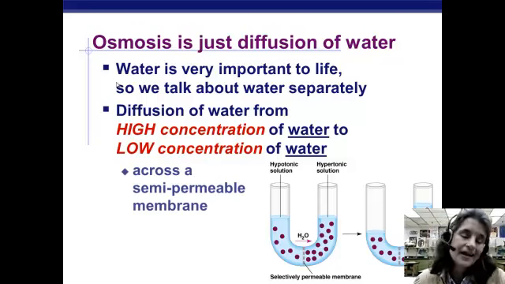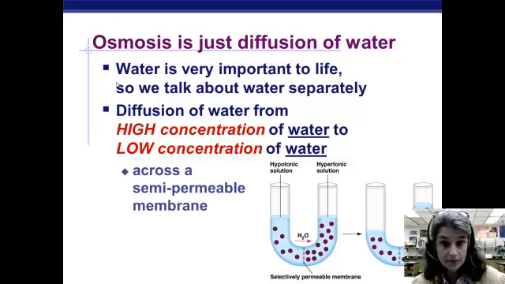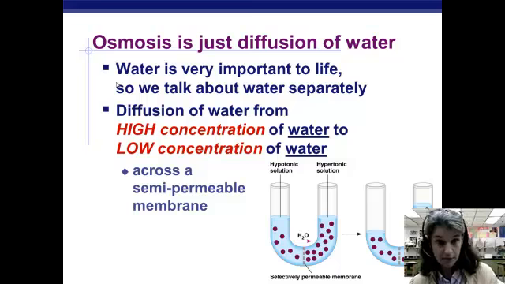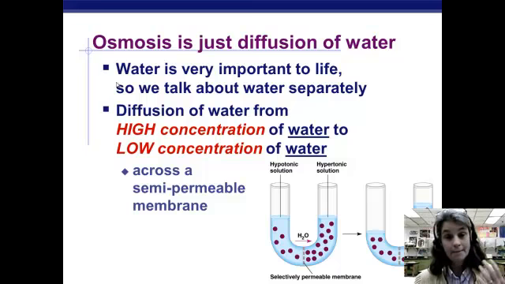Okay. Additionally, when we're talking about osmosis, we are usually talking about the movement of water from high to low concentration across some semi-permeable, selectively permeable membrane, a cell membrane or a plasma membrane.